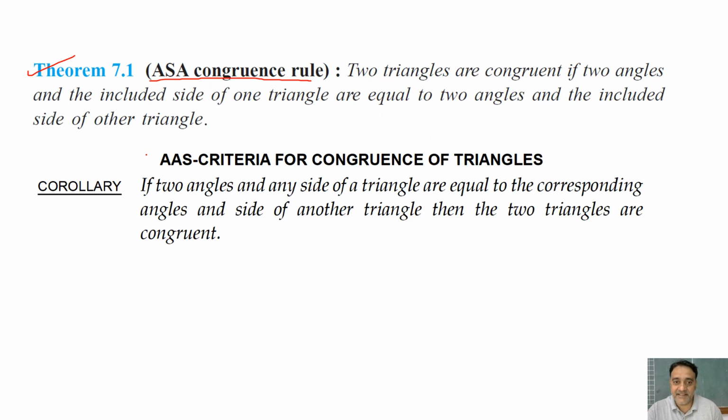Okay. And next is the AAS criteria. If two angles and any one side of a triangle are equal to the corresponding angles and side of another triangle, then the two triangles are congruent. So the proof of this theorem and corollary will not come, but we have to use them in the questions.